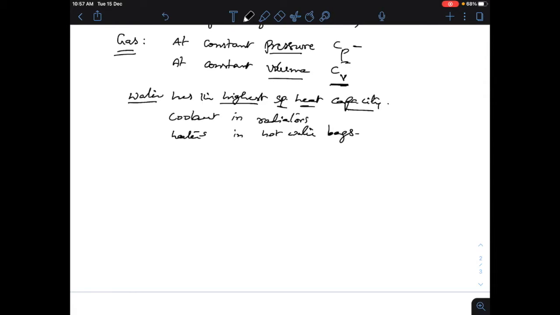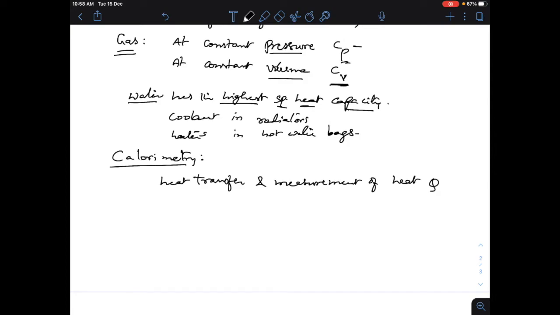Now let us define what calorimetry is. It is a branch of physics which deals with heat transfer and measurement of heat.